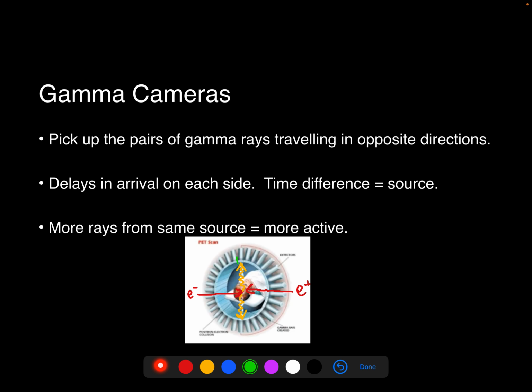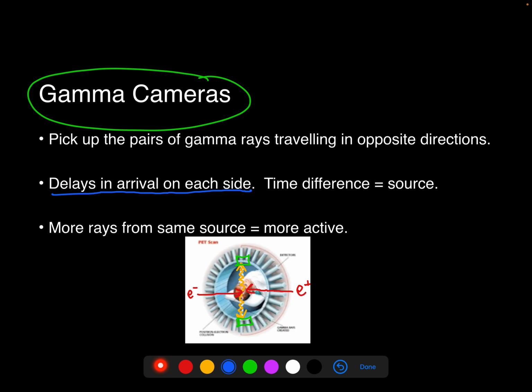Over here is where the gamma cameras are. The gamma cameras pick up these gamma rays, and using the delays, this is an important point, using the delays in arrival on each side.